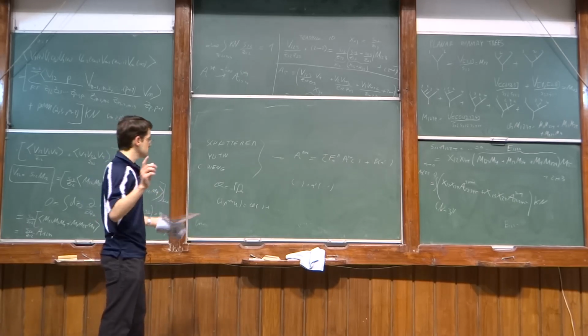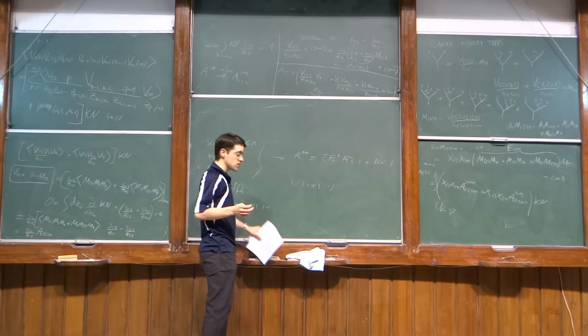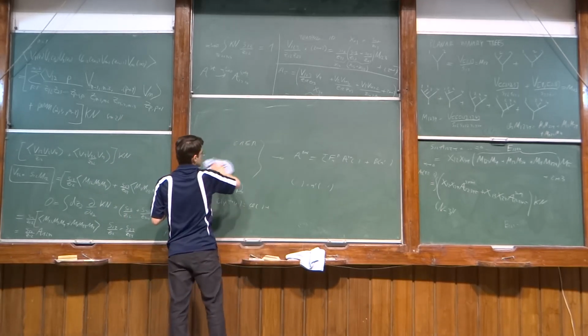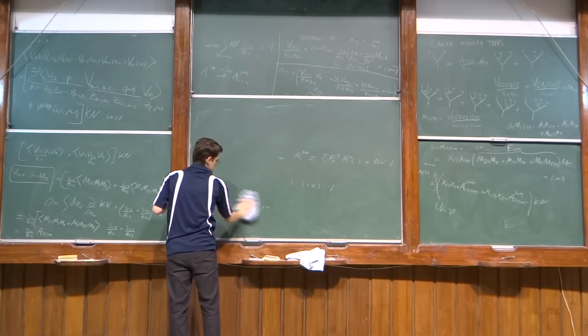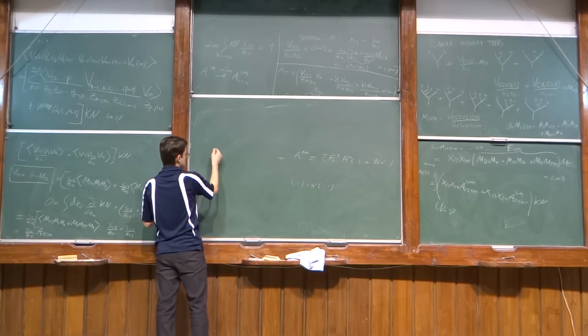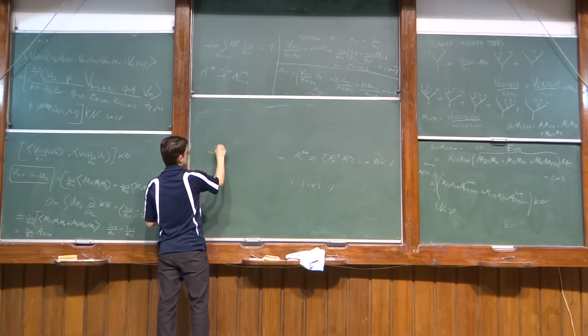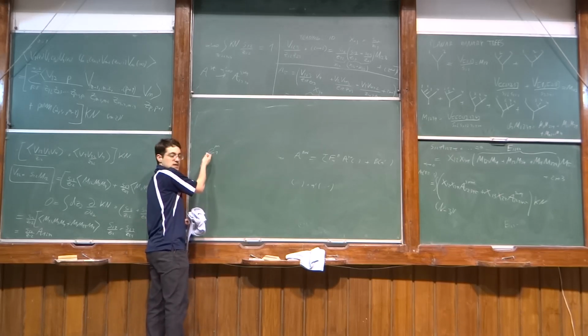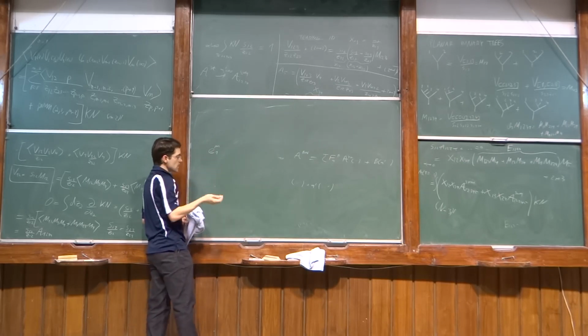One of the reasons is that the vertex operators in the RNS are expanded in terms of the polarizations, right? So you are dealing with polarizations all the time.